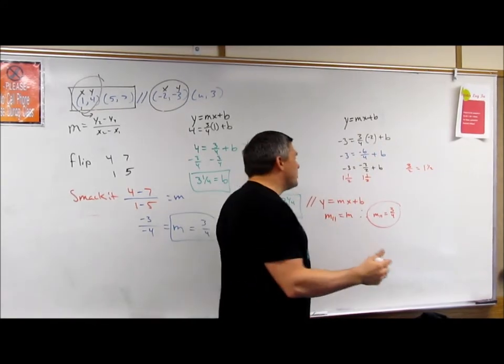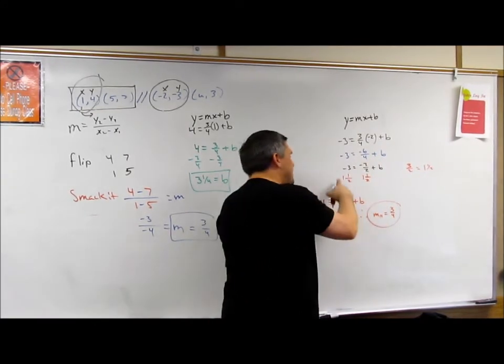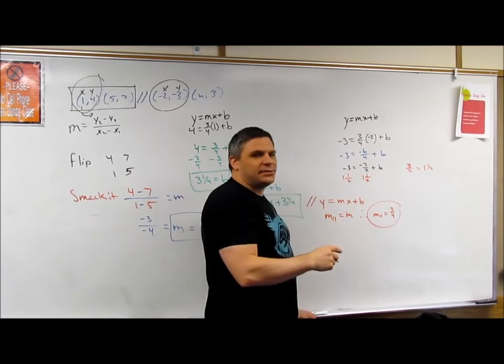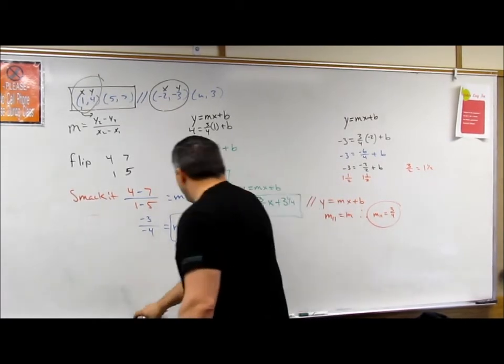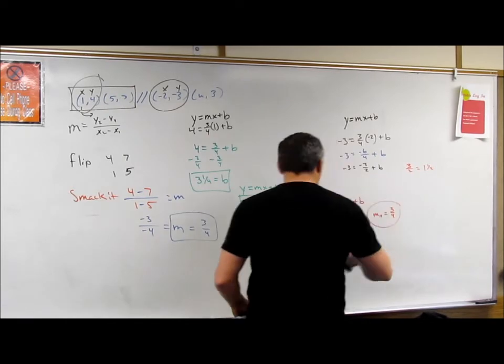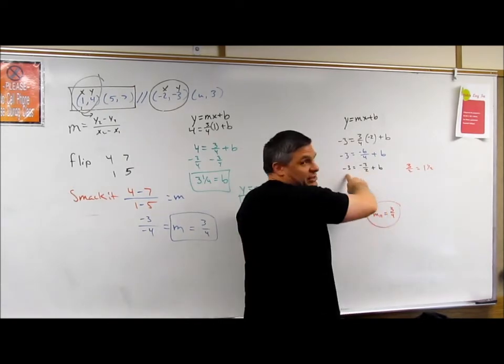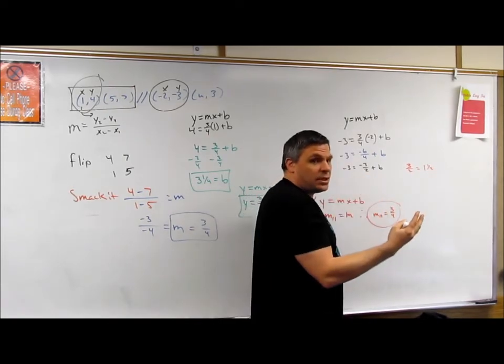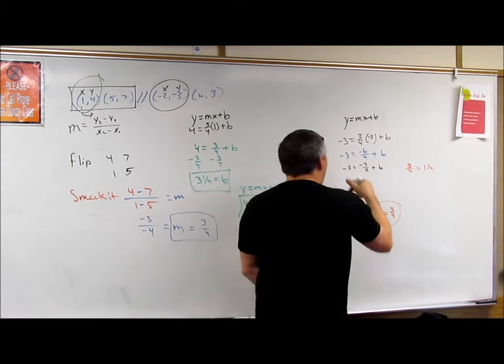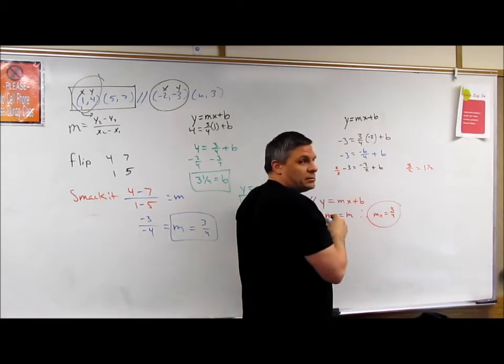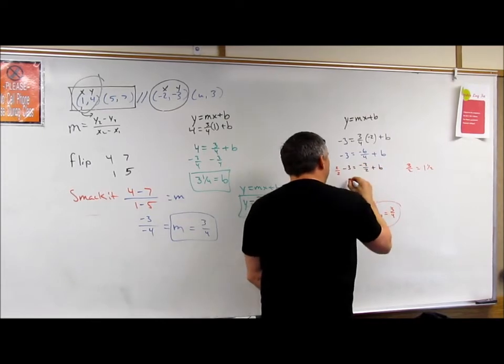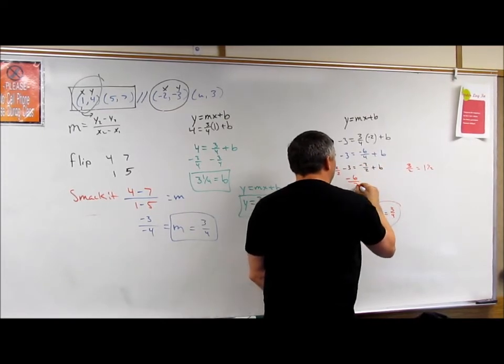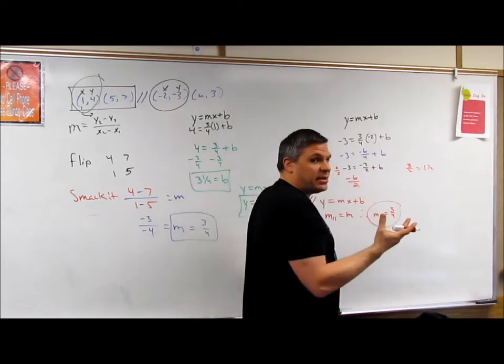The reason why I'm doing that is because now when I add this to this, if I'm going to do that, then I have to change this to have the same thing. Okay? So I have to have this as 2/2. So what I have is -6/2. Is that the same as -3?